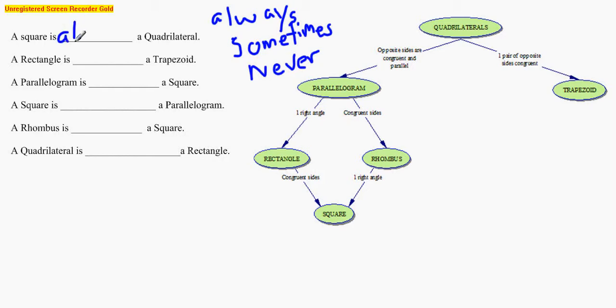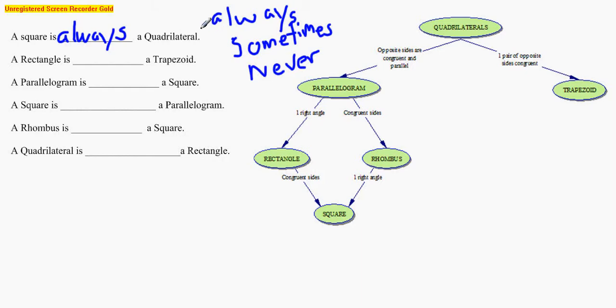But another way, if you like memorizing things, you can memorize this chart. It says a square, so we start with a square, and then it is blank a quadrilateral. If you start with the square and you have to go up to get to the other shape, so we start way down here with the square and go up to the quadrilateral, it's always.